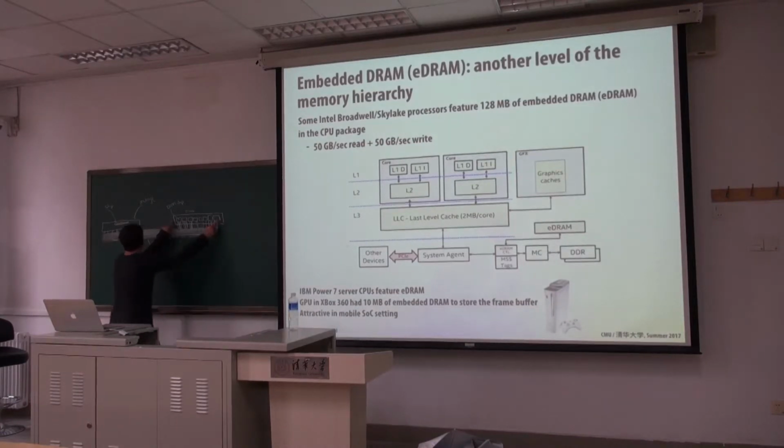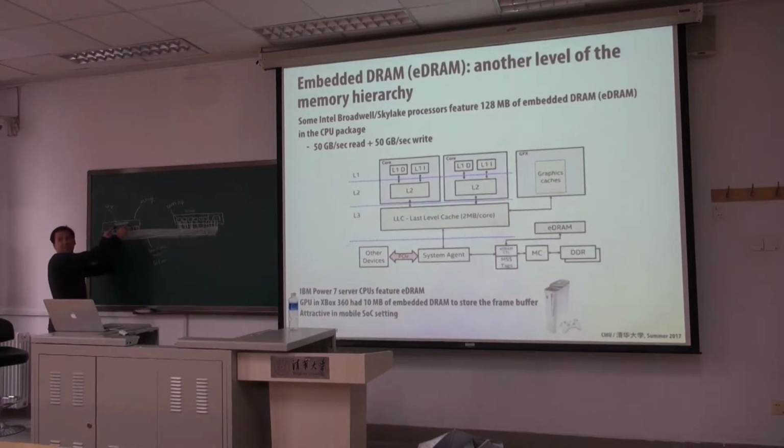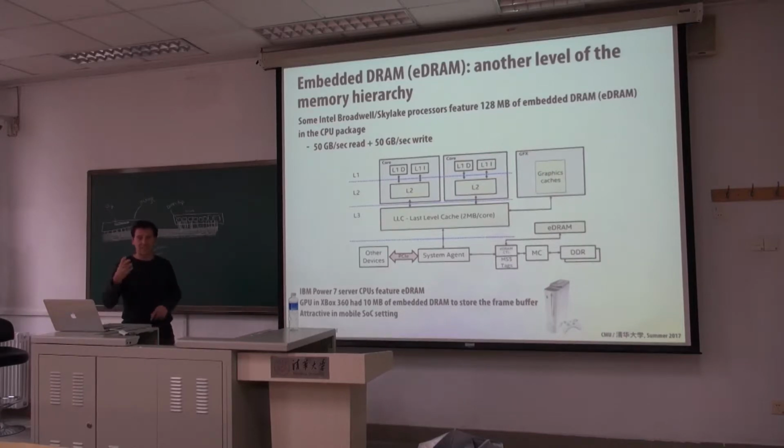So take this little DRAM and get it in the package with the same processor. So if you hear the term on-package DRAM, that means that the DRAM is much closer to the processor because it's in the same package.